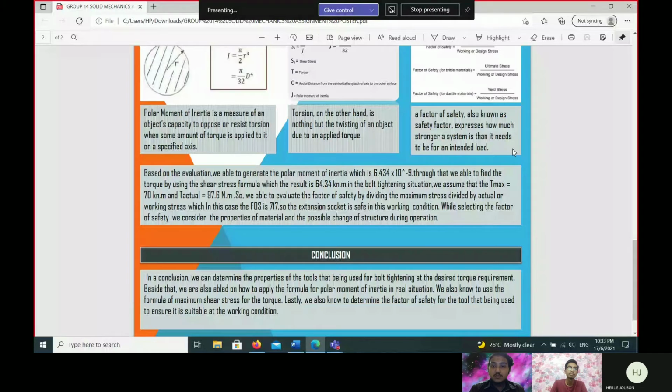Besides that, we also know how to apply the formula for polar moment of inertia in real situations with real structures. We also know to use the formula of maximum shear stress for the torque. Lastly, we also know how to determine the factor of safety for the tool in actual operation, using the actual structure, to ensure it is suitable at the working condition.